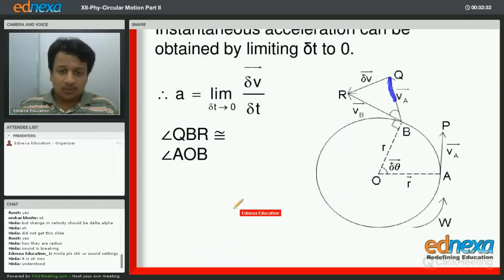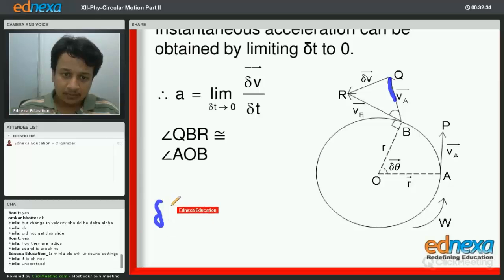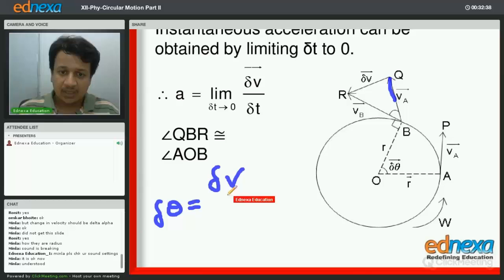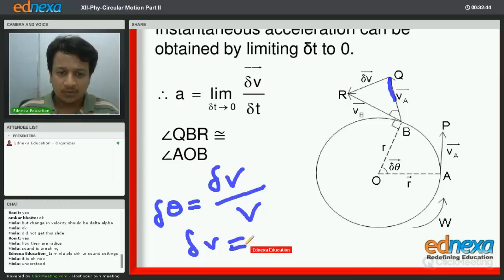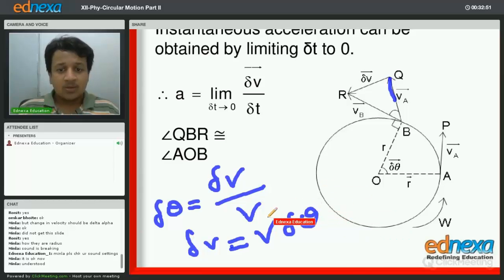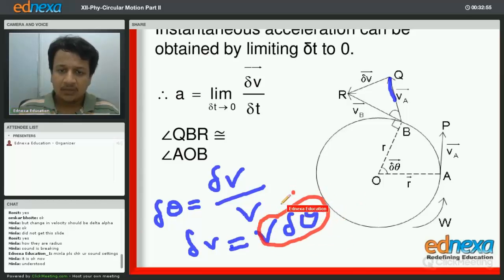So angle equals arc, that is delta V upon radius V. So delta V is equal to V delta theta. Is it right? So can I substitute this V delta theta over here?